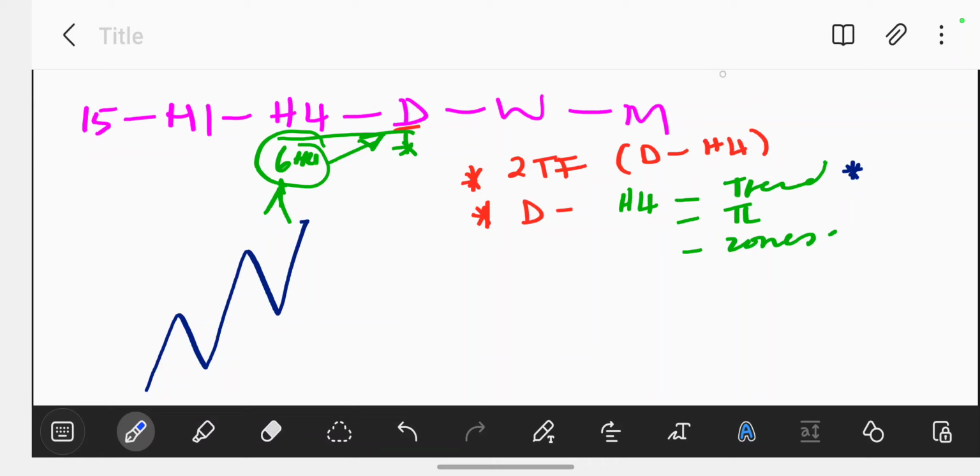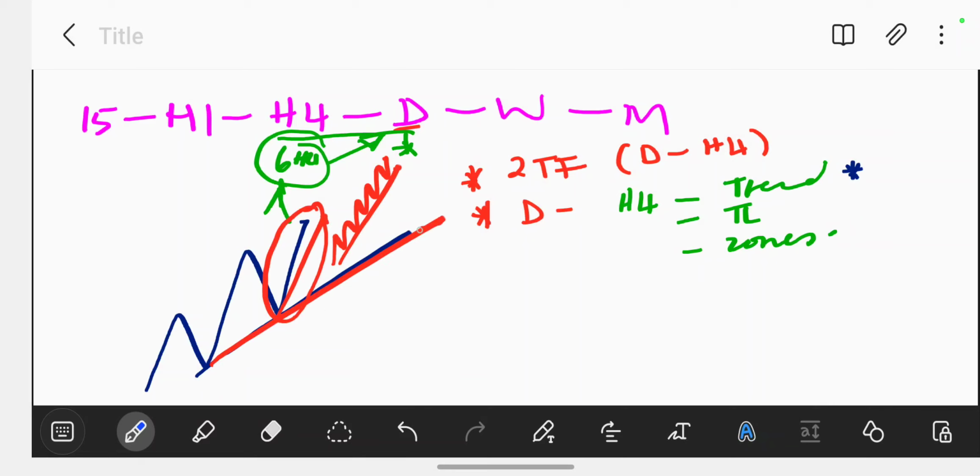But the trend line you have on daily, like this here, this is your daily trend line. When you go down to your H4, you find that this move here on H4 is like this, meaning your H4 trend line will be here and not here. So that's what I'm saying. You need to treat each time frame as an individual time frame.